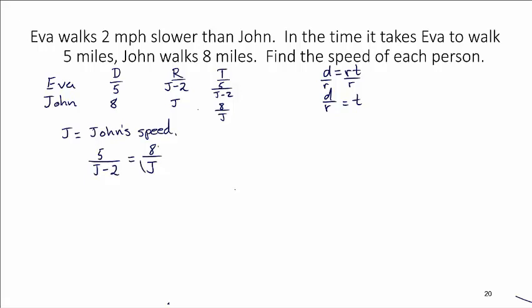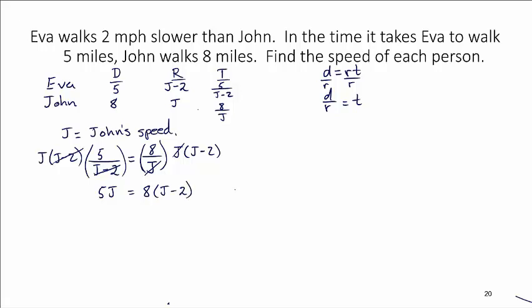And what's the LCD here? j times j minus 2, right? On the left-hand side here, j minus 2 cancels out, and on the right-hand side, j cancels out. So on the left, I have 5j equal to 8 times j minus 2.